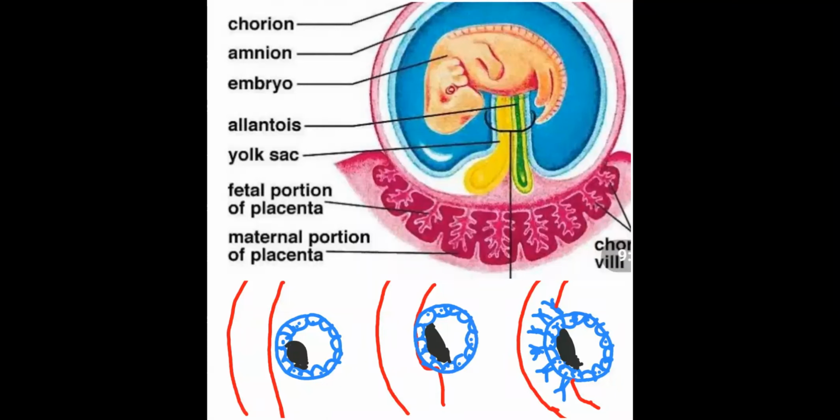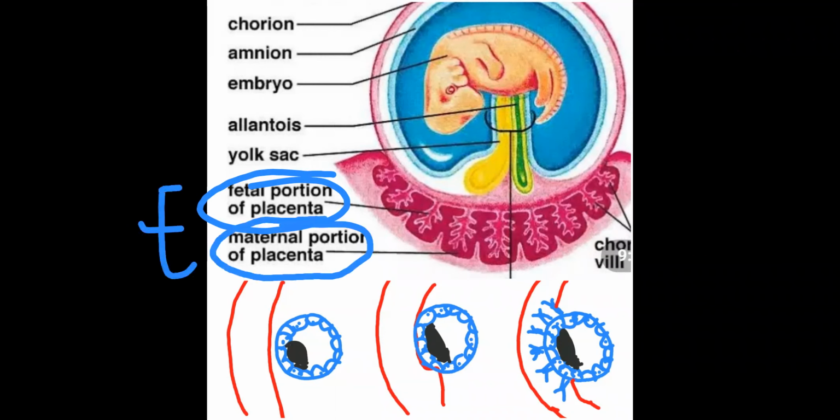The chorionic villi represent the fetal portion of the placenta, and these cavities filled with blood are the maternal portion of the placenta. Together it is the placental material.